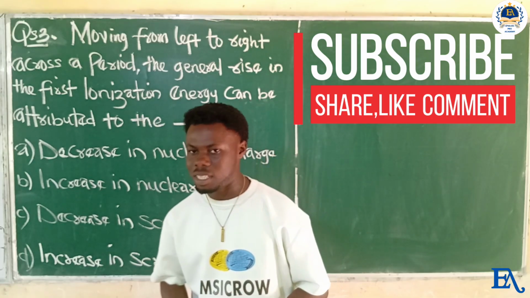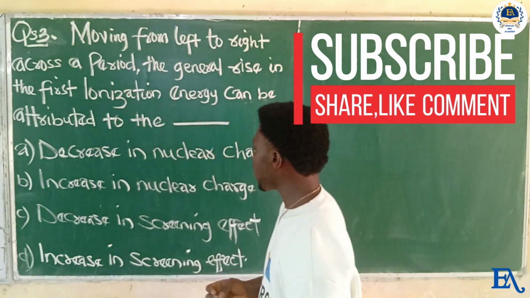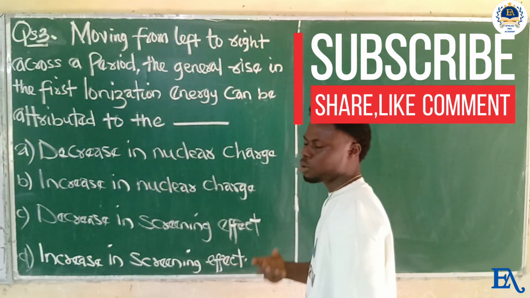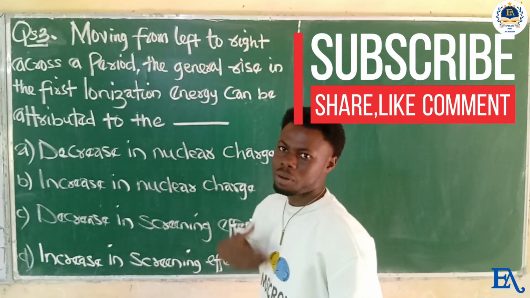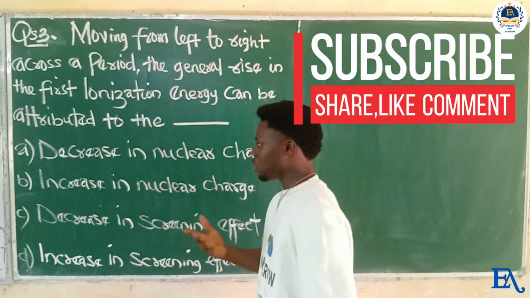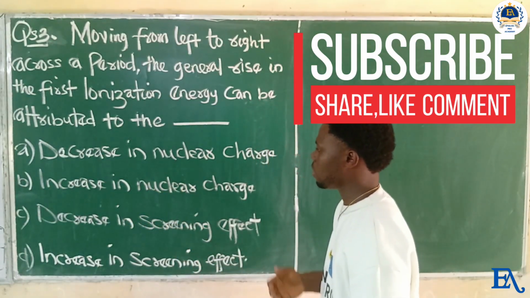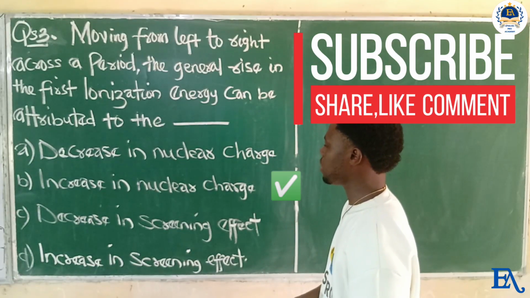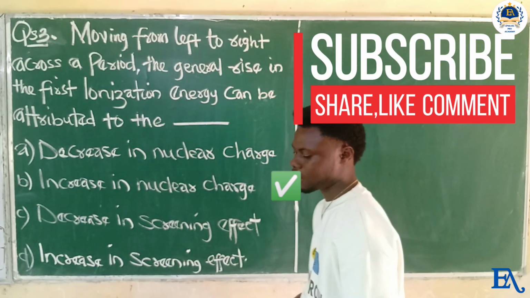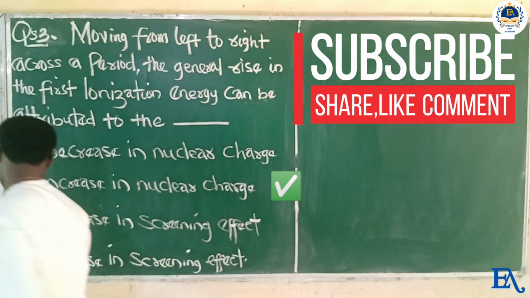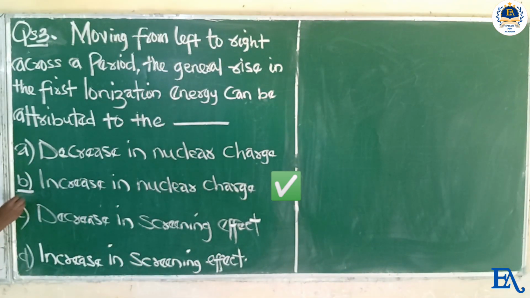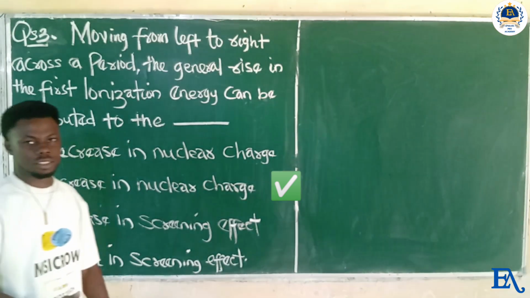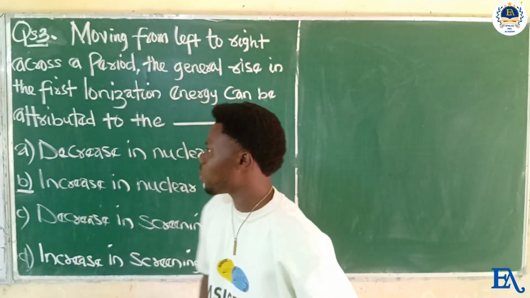So since the atomic size is decreasing, the nuclear charge is going to rise, is going to increase. So the correct option is option B, increase in the nuclear charge. Let's move on to question number 4.